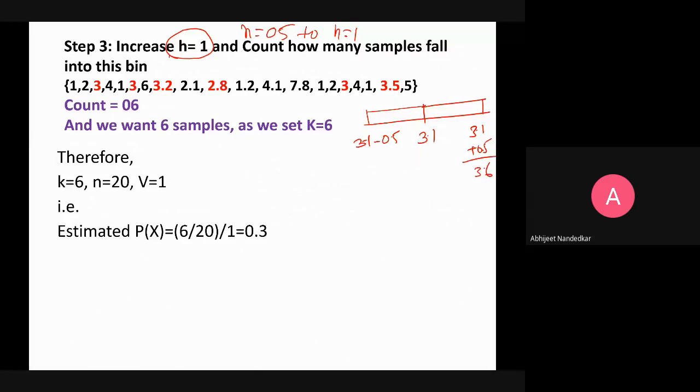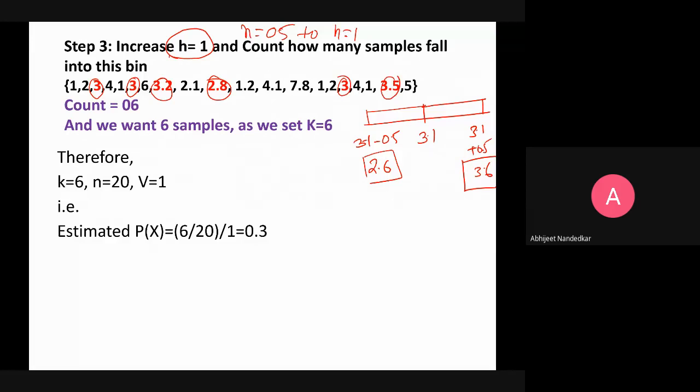So in that range, we will search for the samples. How many samples do fall in this range? So I marked here. So this is 1, 2, 3, 4, 5, and 6. Okay, so I got 6 now.